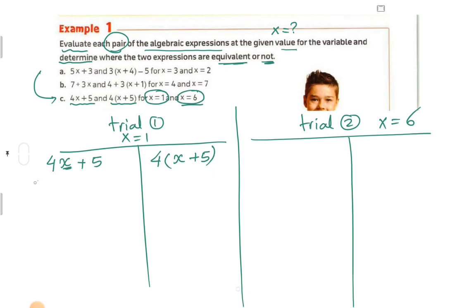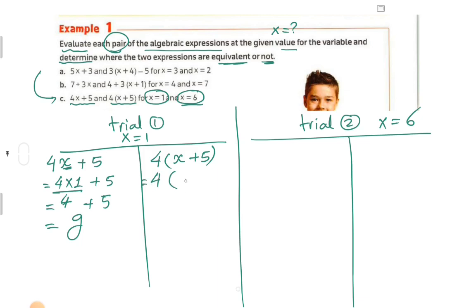For 4x, that means 4 by x, x equals 1, plus 5. Start with multiply: 4 times 1 equals 4, plus 5, that's equal 9. The other one, remove x and put 1.